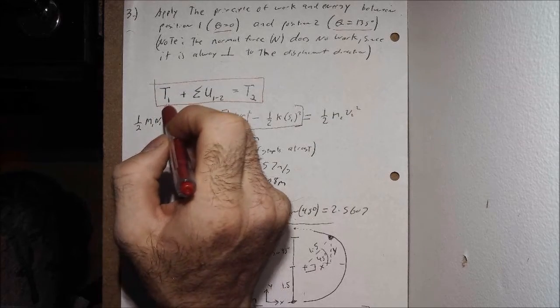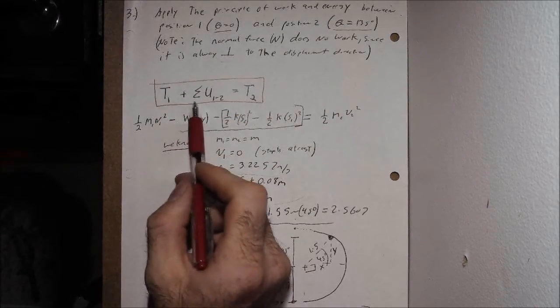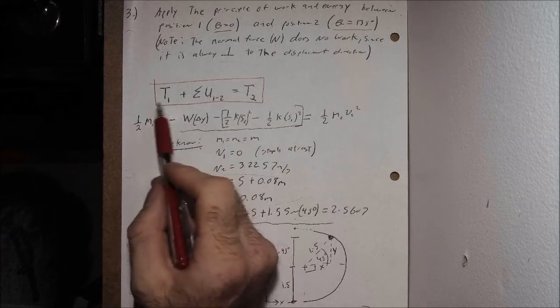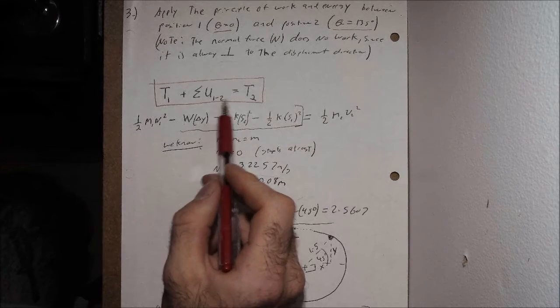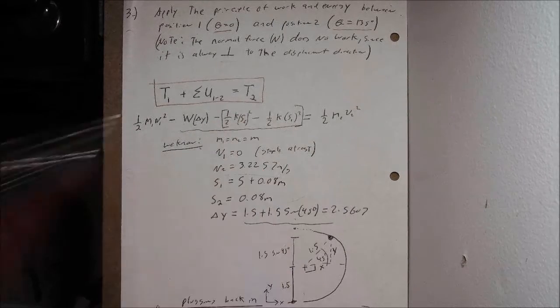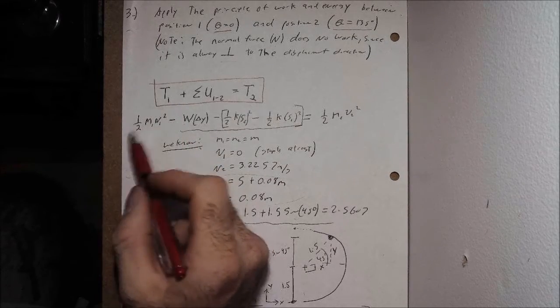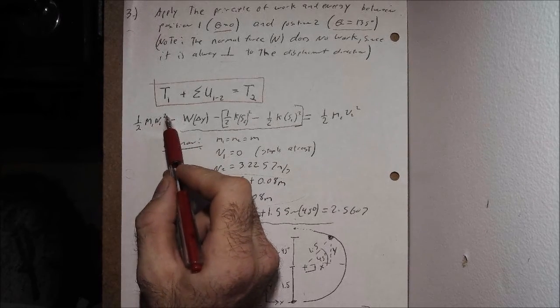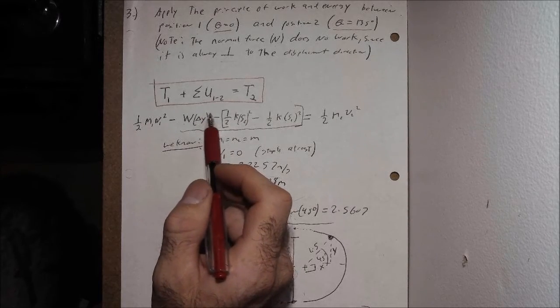So let's go to our general equation for our principle of work and energy. We have T1 plus the summation of U from 1 to 2 is equal to T2. So kinetic energy 1 plus the summation of the work from position 1 to position 2 is equal to kinetic energy 2. The general equation for kinetic energy is 1/2 mv squared, so for position 1 it's 1/2 m1 v1 squared, plus the work. Where are the work equations coming from?